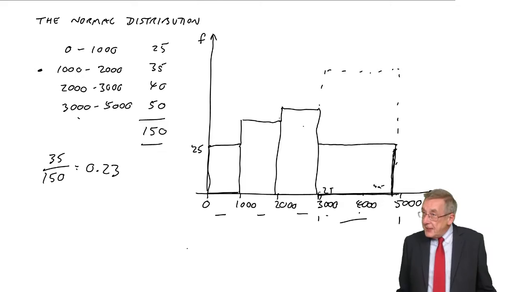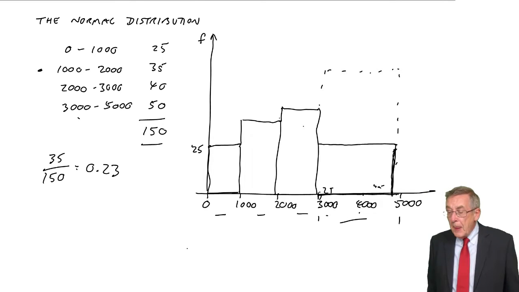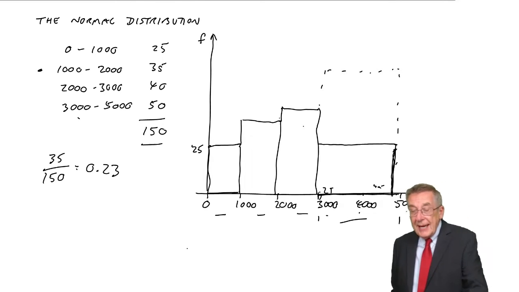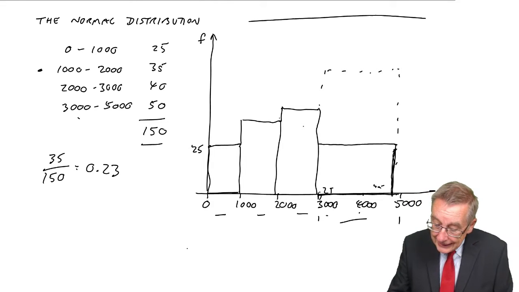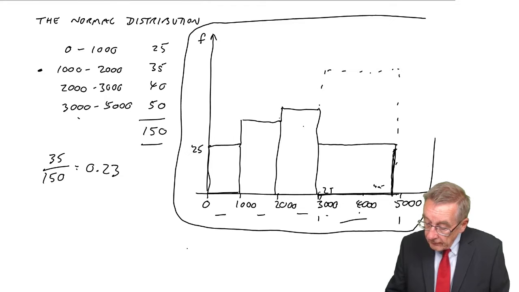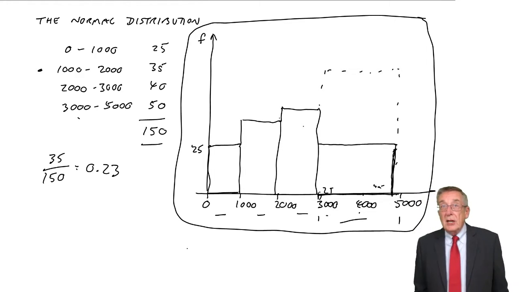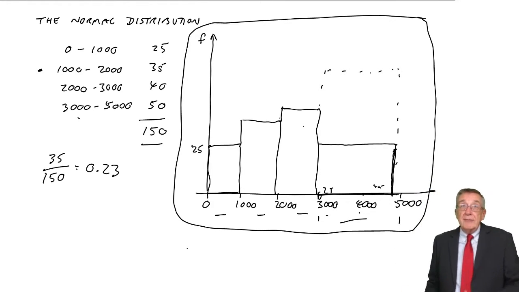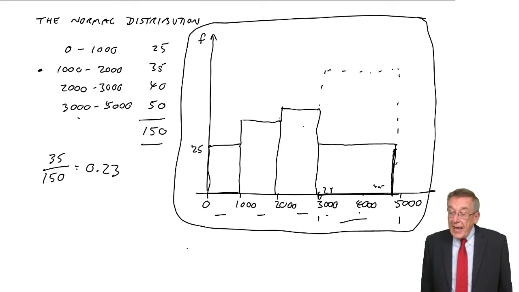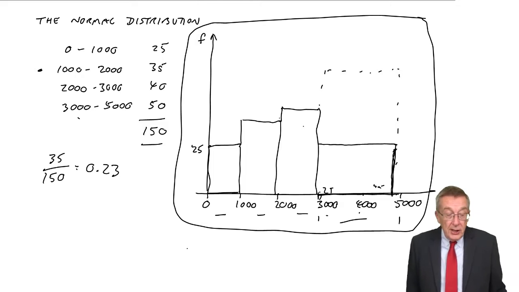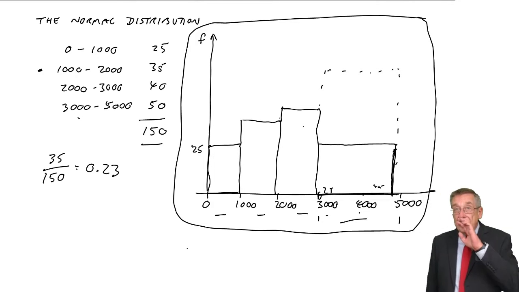However, and this may seem silly, but it's because of what's coming, just imagine I hadn't given you that table, but all I'd given you was a correctly drawn histogram. That's all I'd given you. And I said to you again, what proportion earn between 1,000 and 2,000?